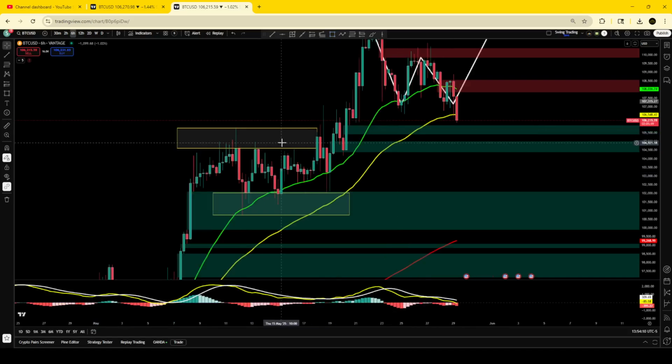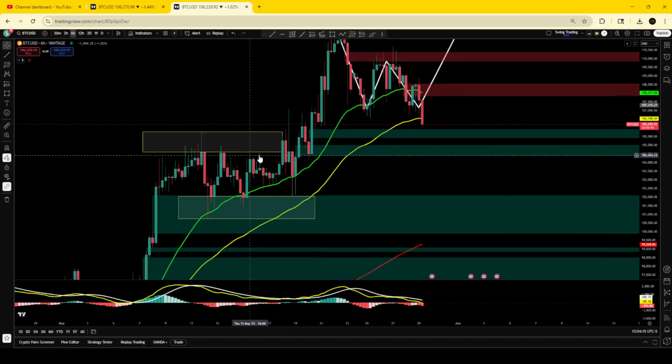Liquidity zones right there. Now when price broke, this candle broke the structure to right here. So at that point it's invalid.